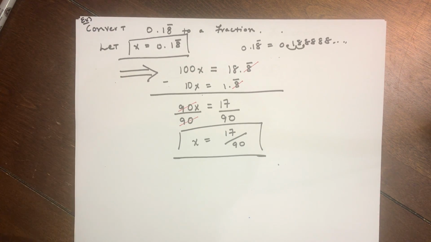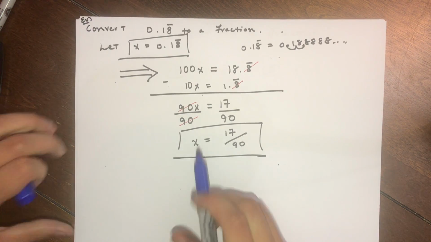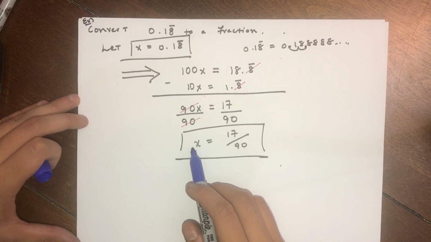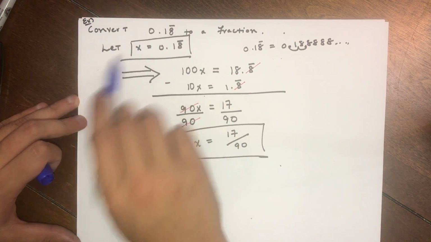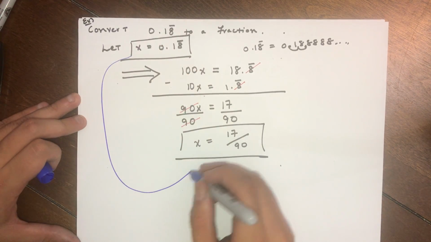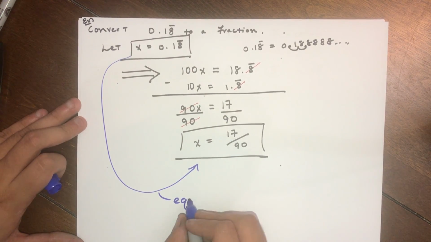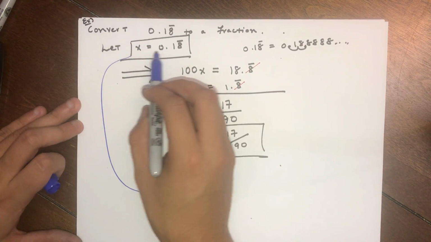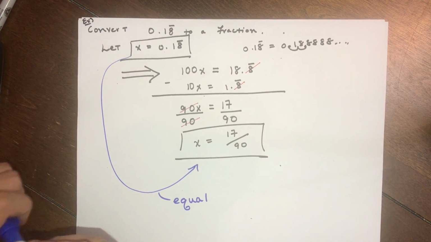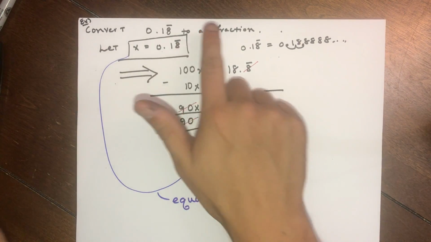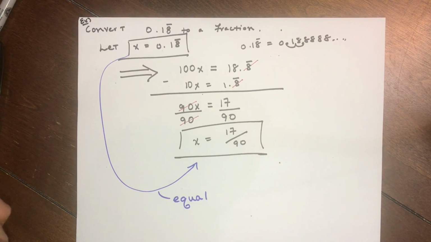So we should be okay, and that should be our final answer. And note, we have x by itself here, and we have x by itself up here. So similarly as before, these two are equal. So 0.18 repeating, where only the 8 is repeating, is the same thing as 17 over 90 as a fraction.